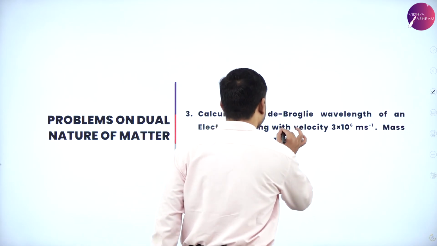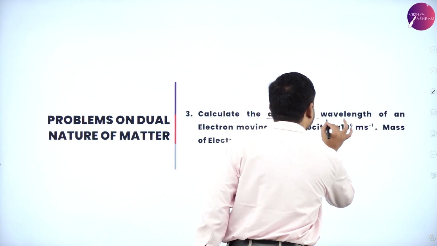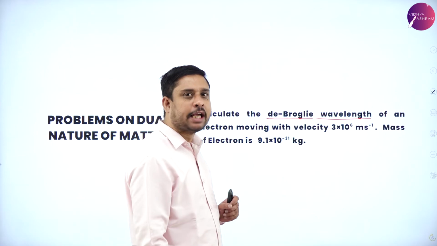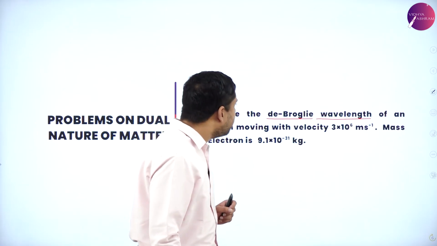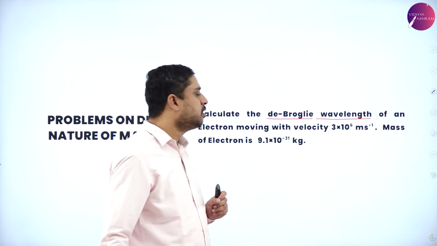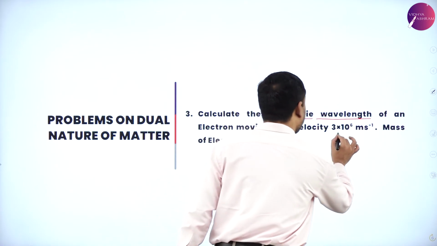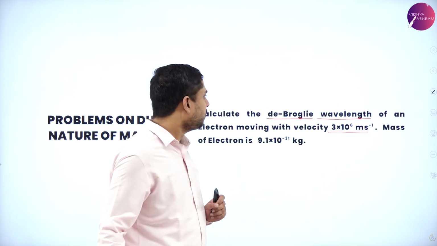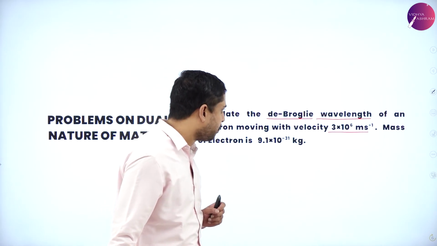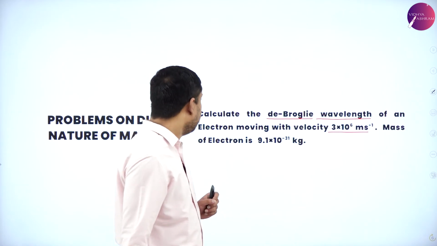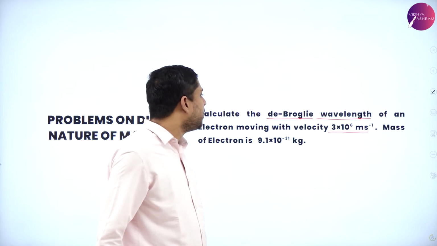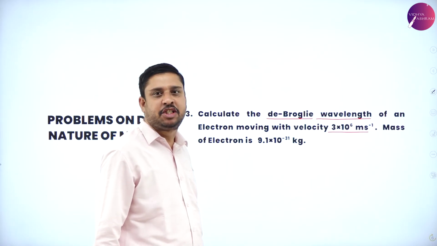Calculate the de Broglie wavelength of an electron moving with a velocity 3 into 10 power 6 meter per second. Mass of the electron is 9.1 into 10 power minus 31 kg.